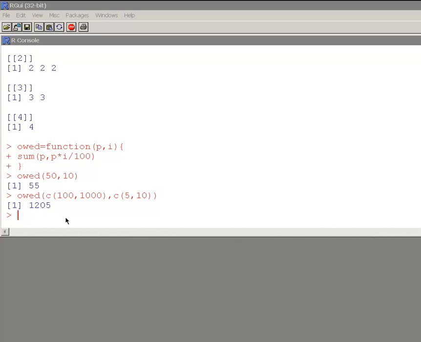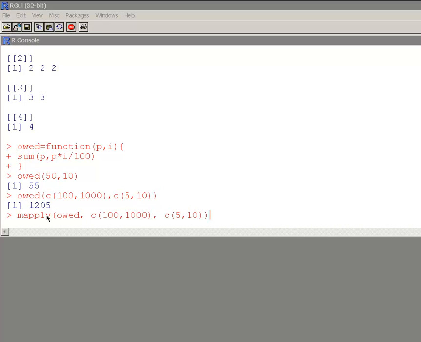So instead, to handle this, we use the mapply function like this. So this will apply this function, and these are the arguments for this function. Since ode was defined to take two arguments, two inputs, then I have to give two inputs over here. If ode was defined to take three inputs, then over here I'd have to have one thing here, another thing here, and then a third thing.